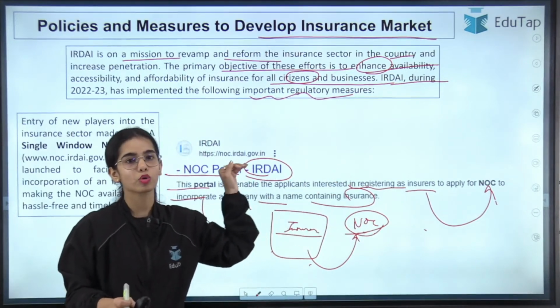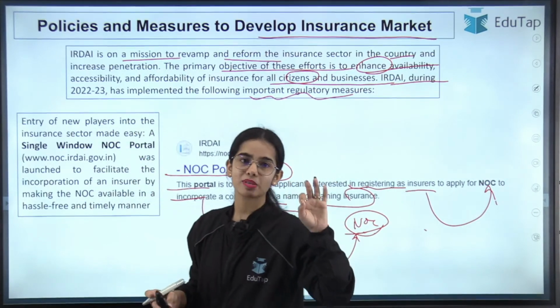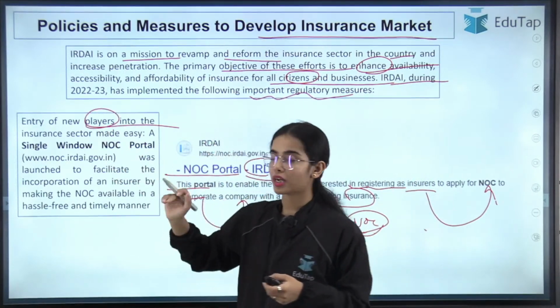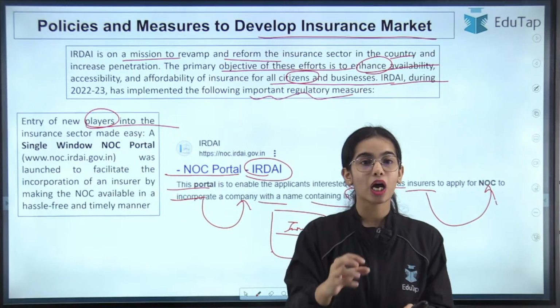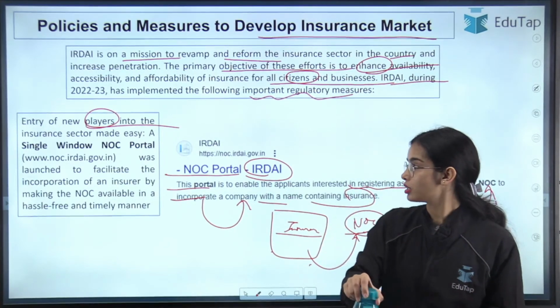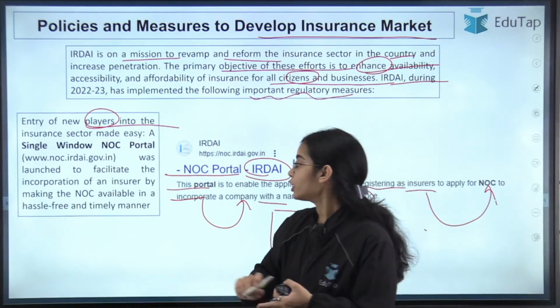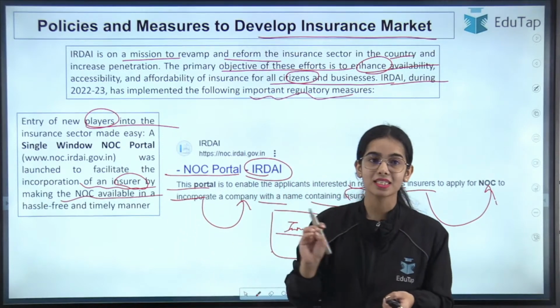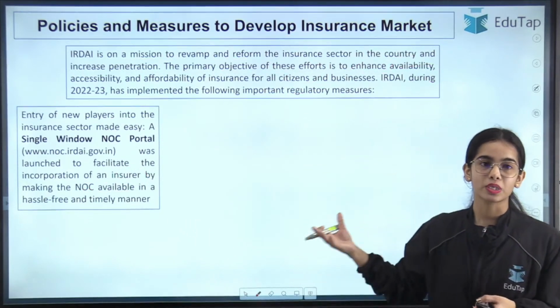For that, there is a portal that has been established by the IRDAI. So entry of new players into the insurance sector has been made easy because now there is a single window NOC portal that has been opened. This was launched to facilitate the incorporation of an insurer by making the NOC available in a hassle-free and timely manner through a single portal.